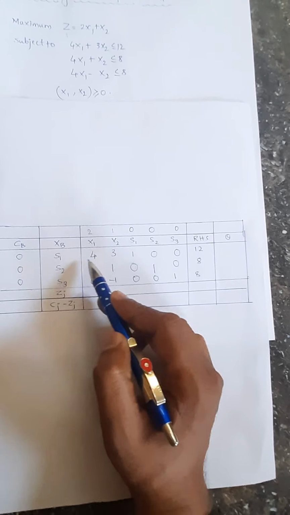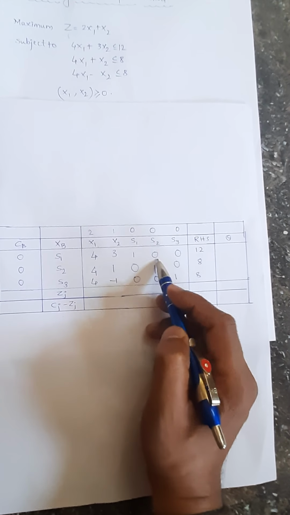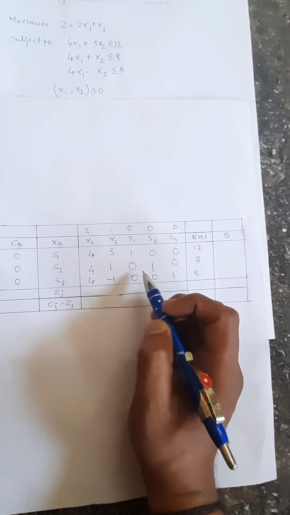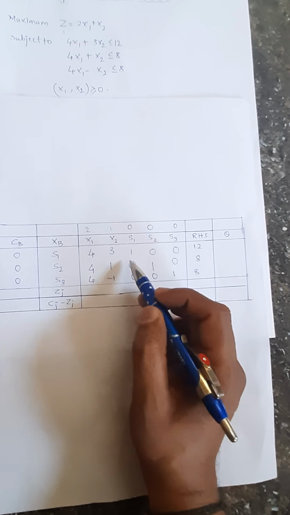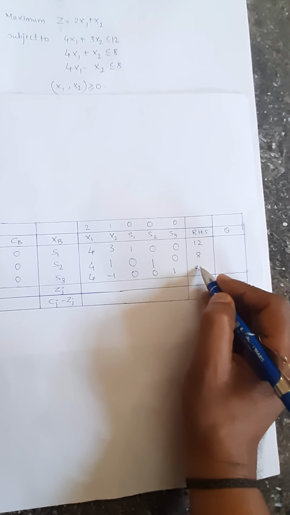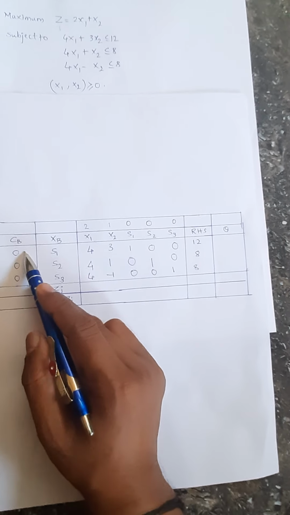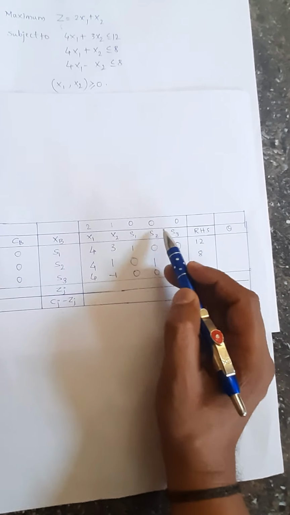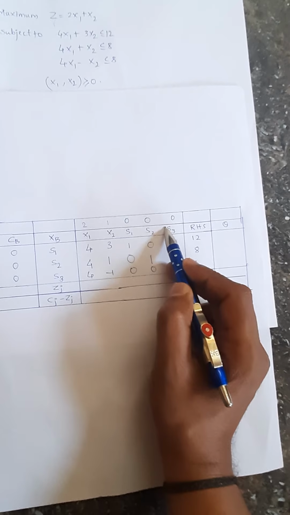Later you assign the constraint coefficients of the different variables, and next you enter the RHS value. So here you enter the coefficients of these three variables in the objective function.